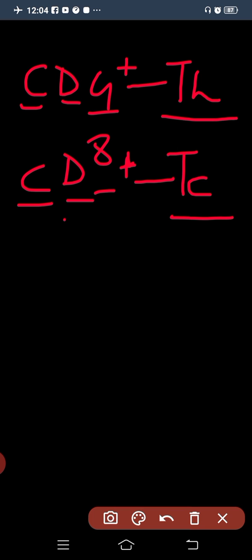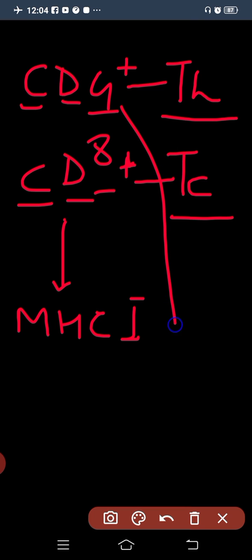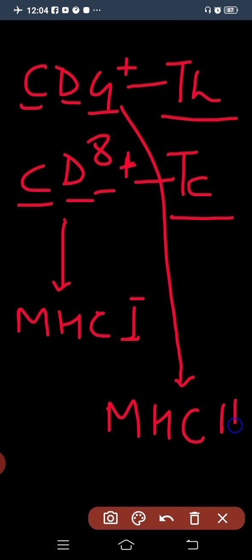Okay, and CD8 recognizes antigen presented by the MHC class 1, and the T helper cell having CD4 recognizes the antigen presented by the MHC class 2 molecule.